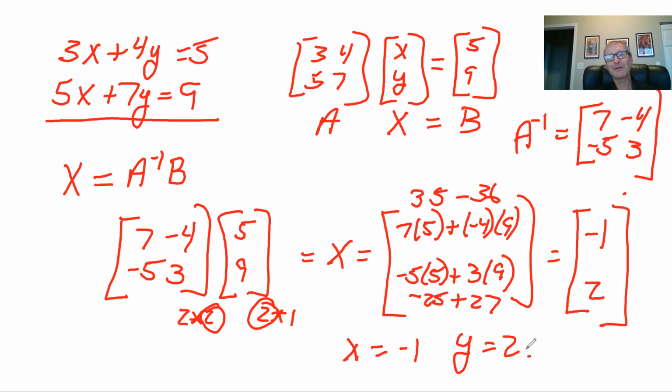So that shows you another way to solve a system of equations. This is using the idea of multiplicative inverses of matrices, and this is an example of a 2x2. So we've showed you 3 techniques. And we're going to do one more in section 8.3.